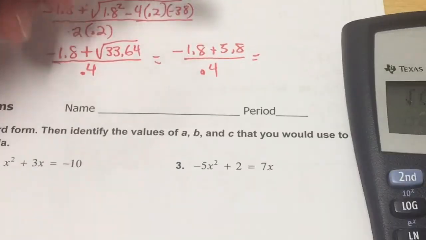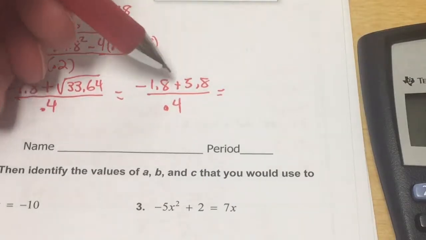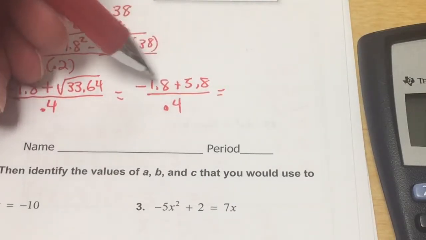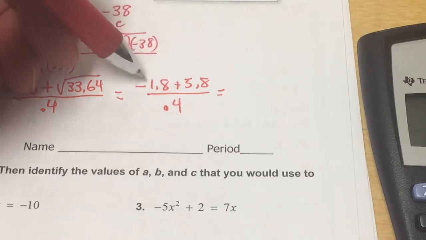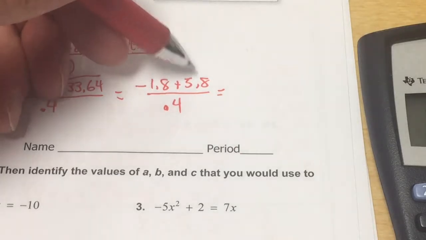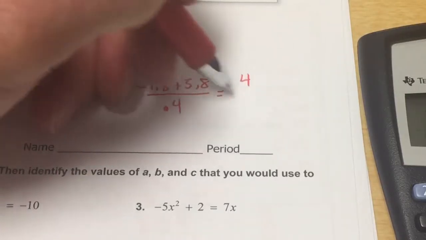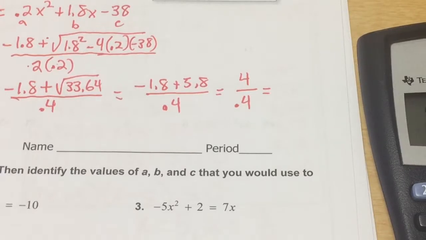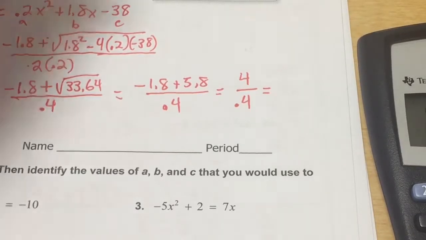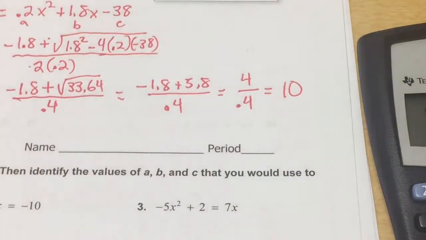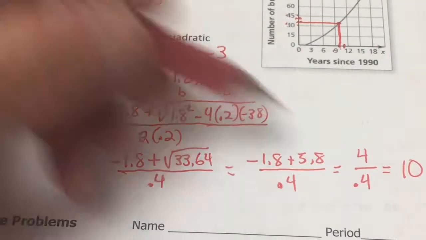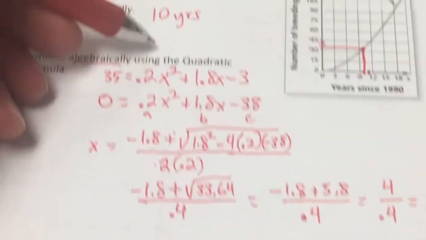If we take negative 1.8 plus 5.8, that's going to be 4. So 4 divided by 0.4 is going to be 10. So lo and behold, whether we did this using algebra here or the graph up here, for both answers we got 10 years.